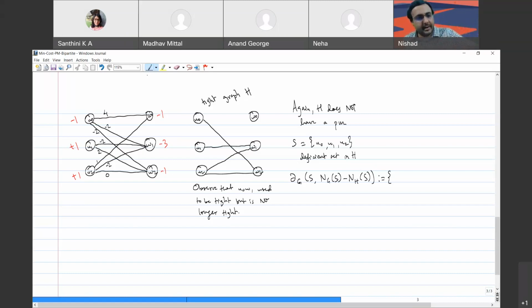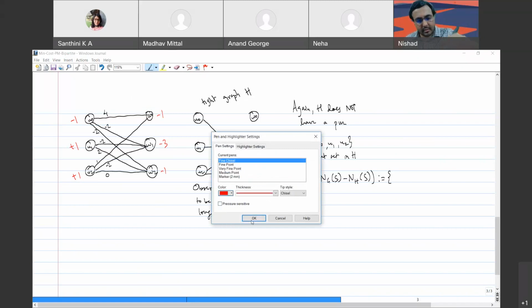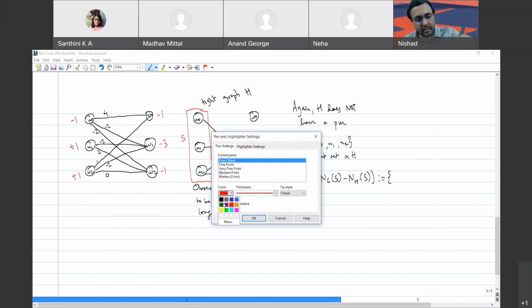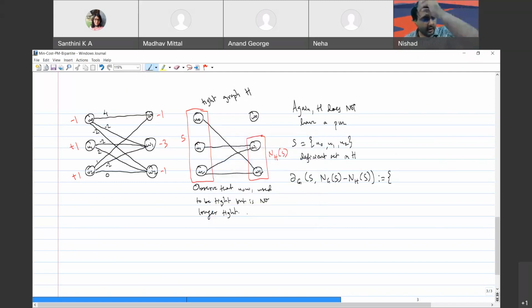So our deficient set that we have chosen, let me just mark in red. Right, so this is our deficient set. And these are the neighbors in the graph H. So we're looking at all edges going from S, not to the neighbors of S in H. So that which means they have to go to W0. Right? So we've got U0, W0 and U2, W0.